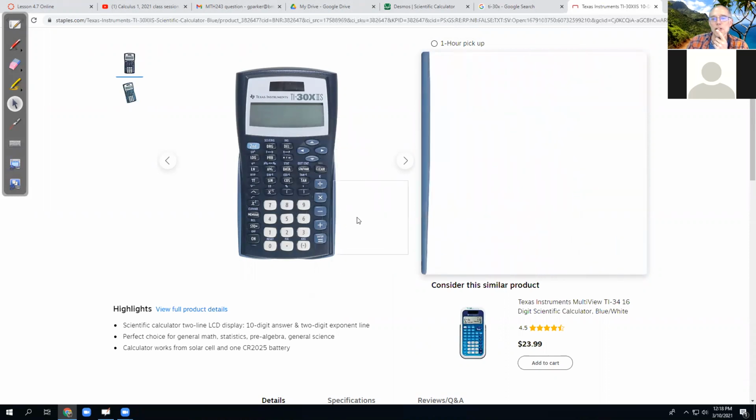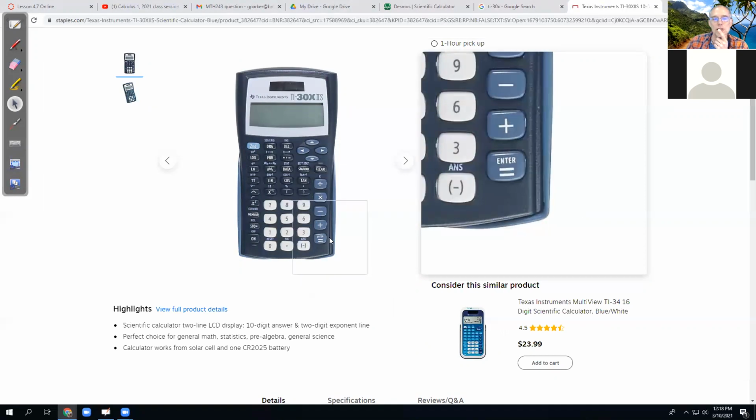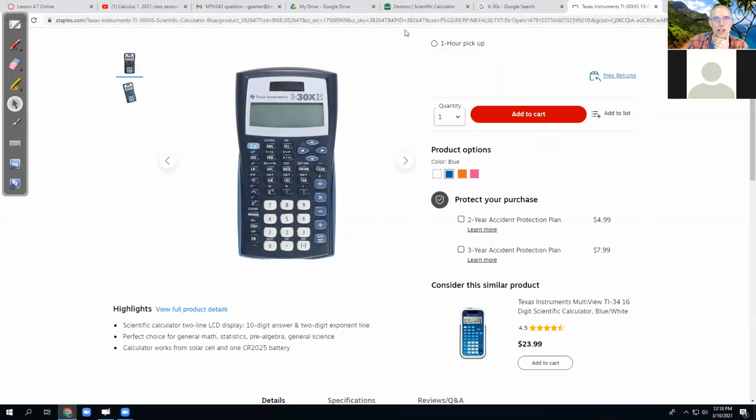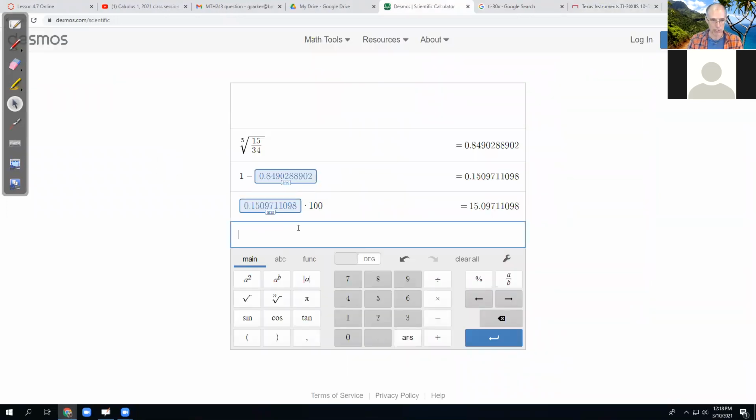So when you hit enter on yours, what happened after you hit enter? I don't have anything in there yet. Oh, so on your calculator, you need to type the 6th root.